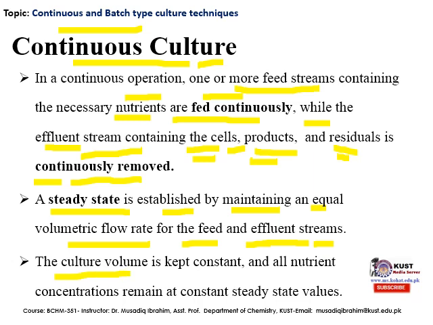Now the culture volume is kept constant and all the nutrient concentrations remain at constant steady state values. So it means that if you are taking out, let's say, 1 liter of the harvested material from the continuous culture fermentation tank, you are adding the same amount of nutrients to the fermentation tank as well, and this process goes on till the very end of the fermentation run.